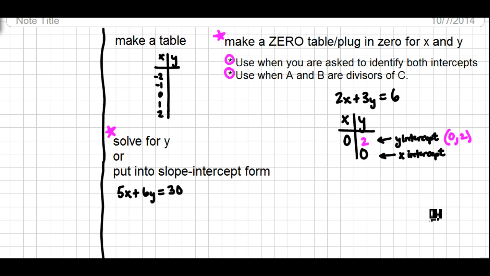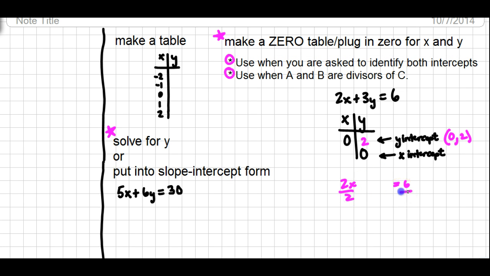Let's go ahead and do the same thing now by plugging in 0 for y into the equation. We go back to the original equation and we substitute a 0 for y. If you do 3 times 0, you get 0, and 2x plus 0 is simply 2x. So now we're simply solving 2 times what is 6.